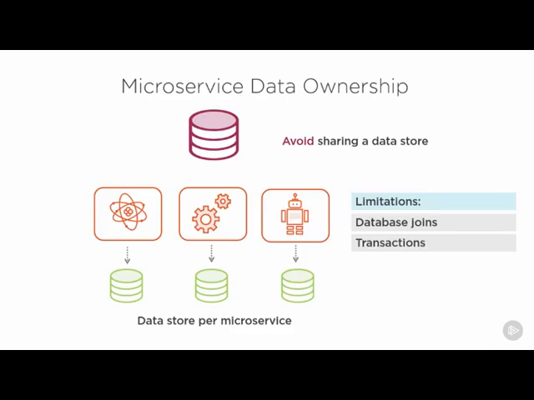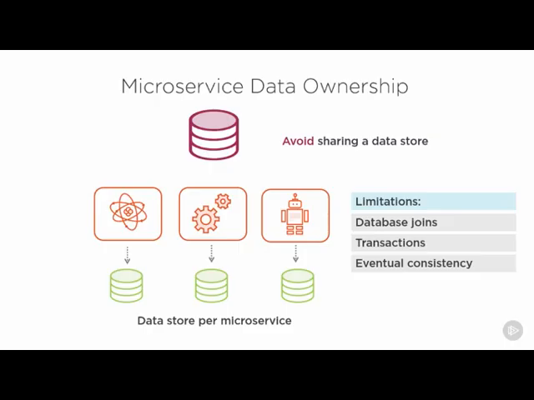Instead, we'd either have to use distributed transactions, which are very complex to implement, or more commonly, design our system to work in what's called an eventually consistent manner, where we may have to wait a while for the overall state of the data to be fully consistent.